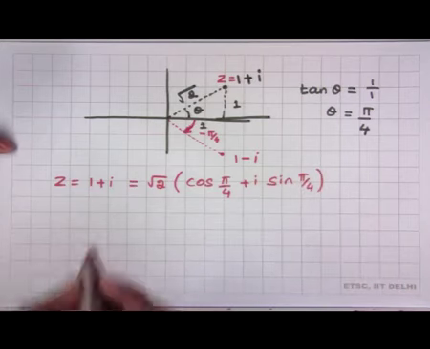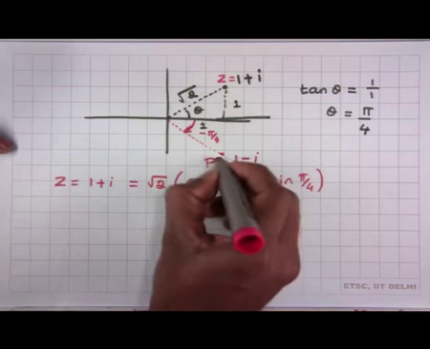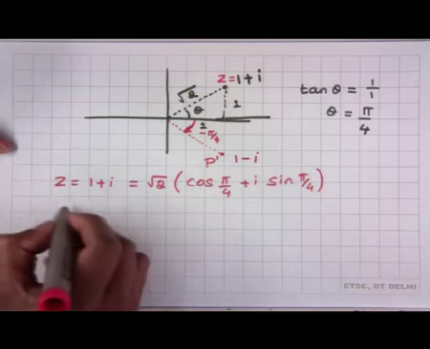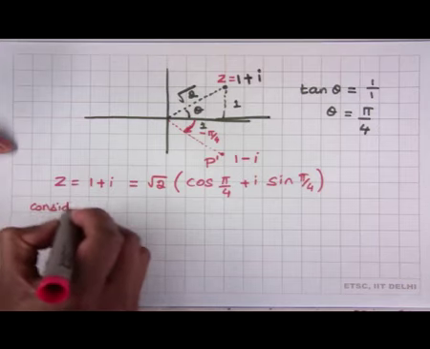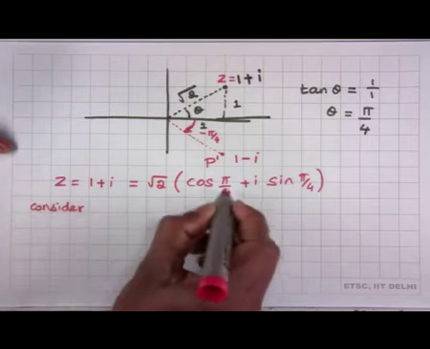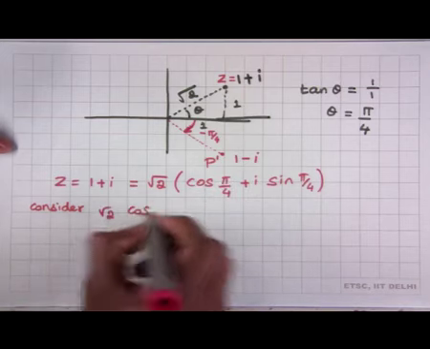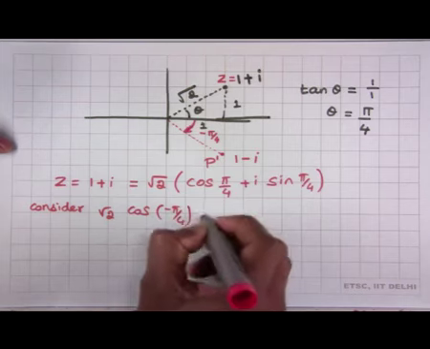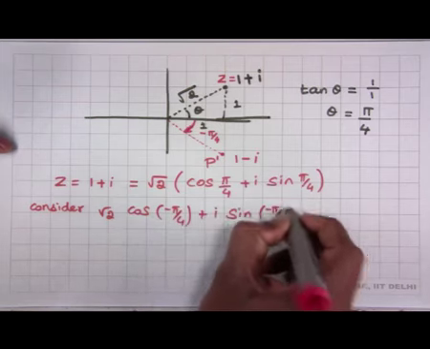Now, we consider the point with minus theta, that is root 2 times cos of minus pi by 4 plus i sin of minus pi by 4.